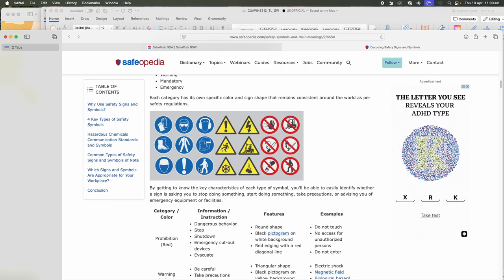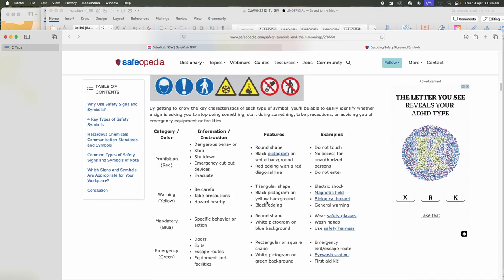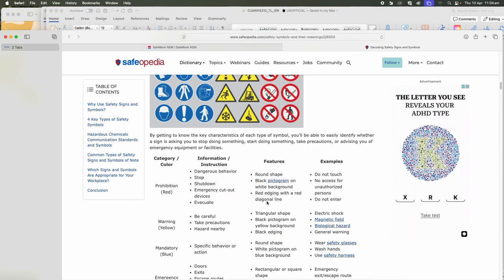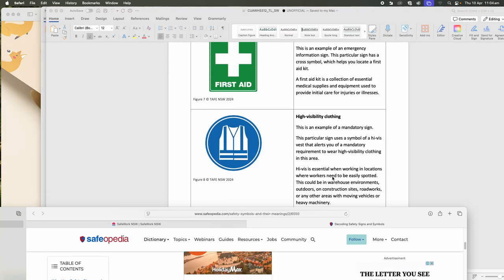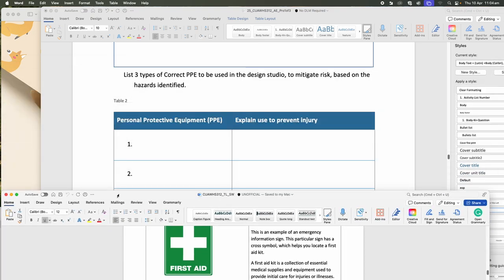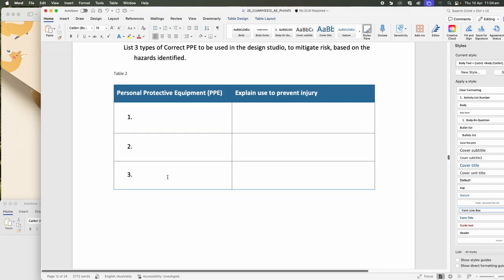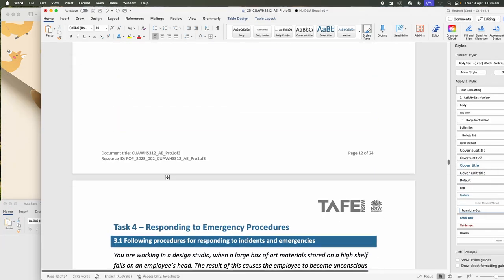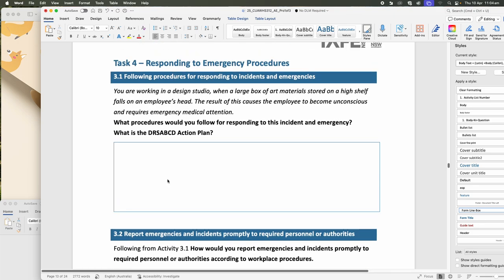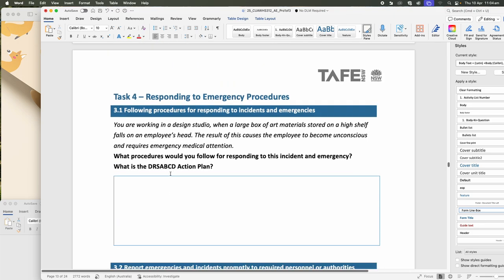Certainly if the spray adhesive is around, you could have a mask that you have to wear or anything like that. Covered shoes, there's a symbol for that, so that's probably one that would be used in a design studio. So you just answer that to your best ability. Three pieces of protective equipment, refer to the student workbook or to the link to the chart that shows more.